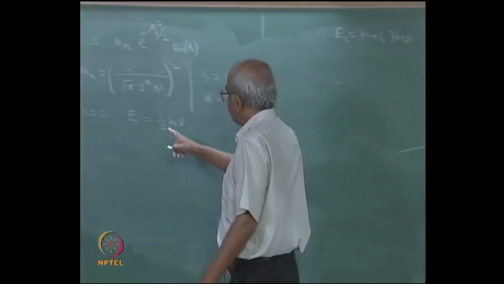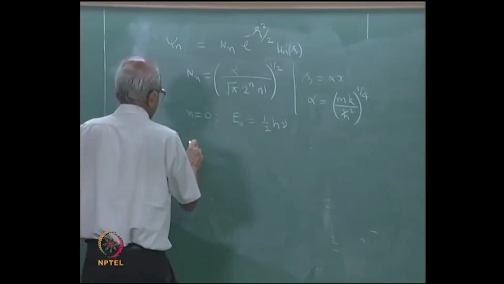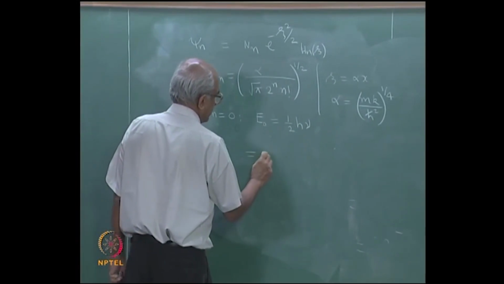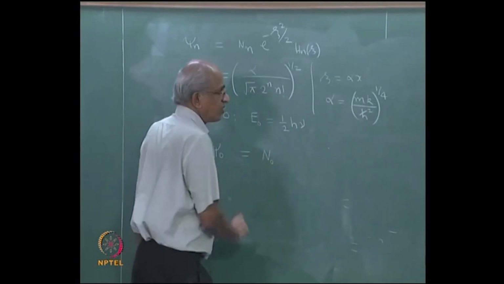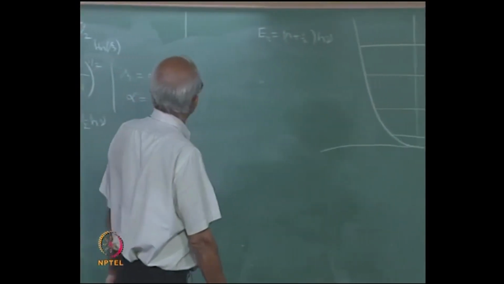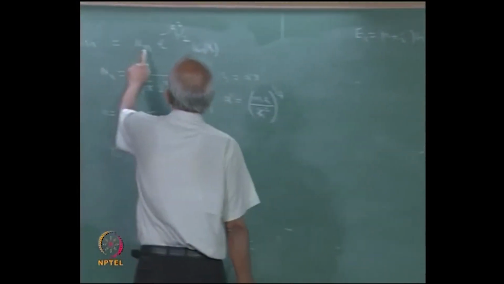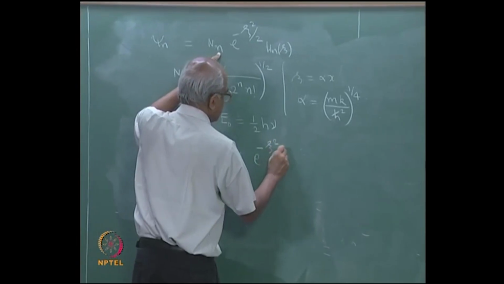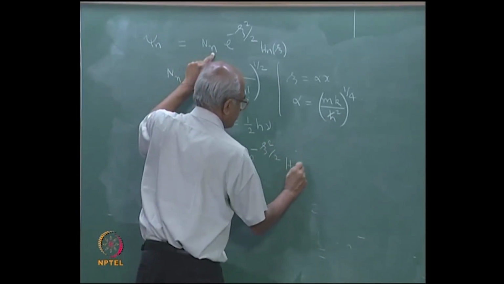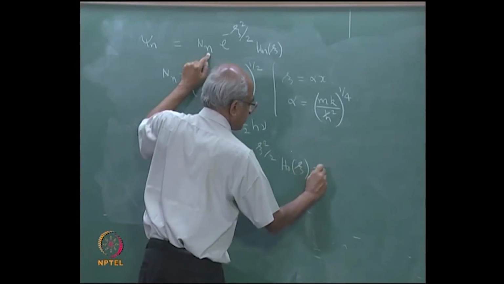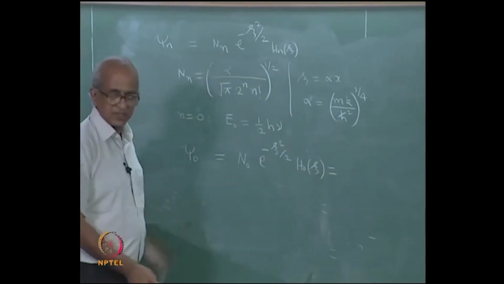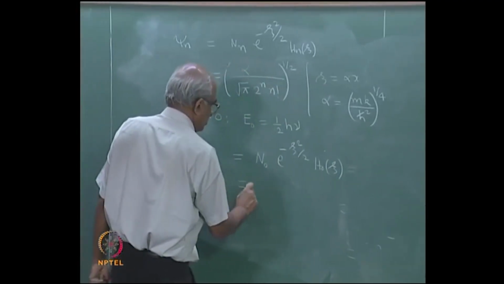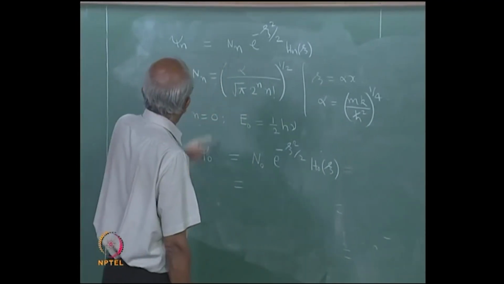Let us look at the wave function for the ground state. What would be the wave function? The wave function would be psi 0, which will be given by N0 e to the power of minus c square by 2 H0 of c. What I am doing is I am using the expression. Where is my expression? Yeah, here it is. This is my expression. And you can actually evaluate N0. Where is the expression for N0?